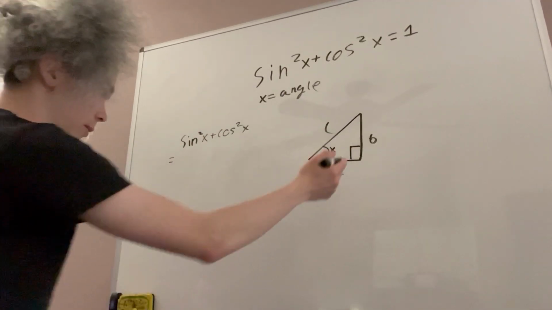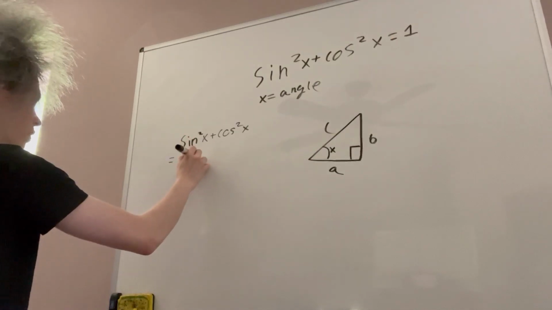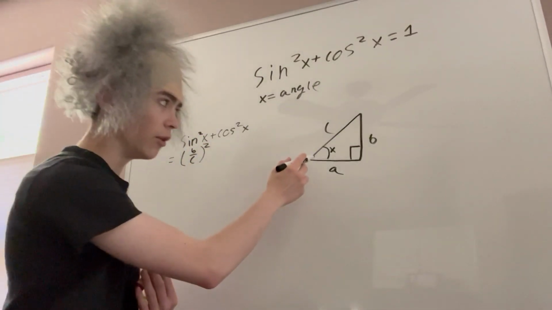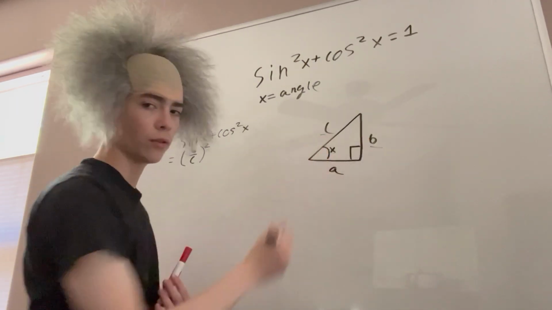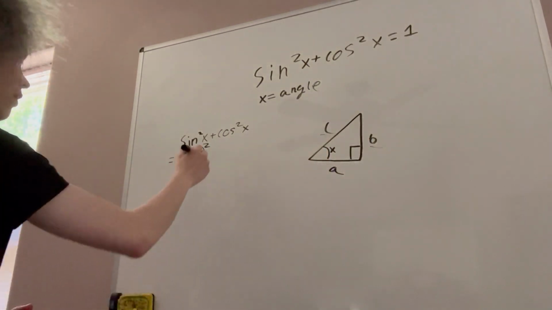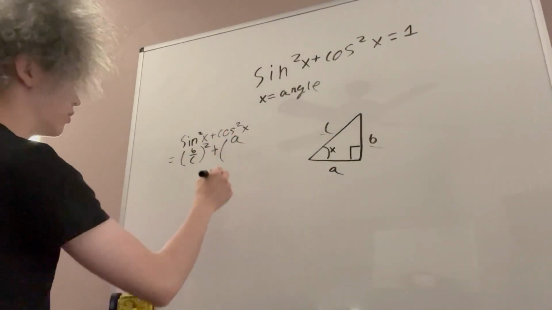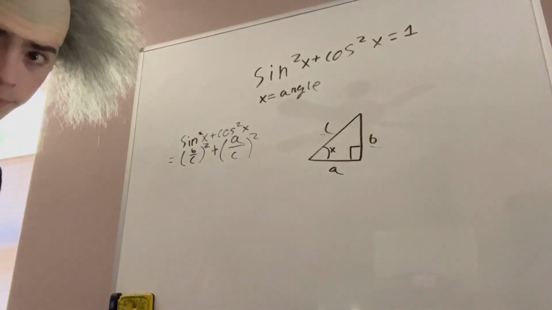The ratio of this angle is going to be the ratio of your sides. So sine squared of x is actually going to be b over c, squared. I just evaluated, given this is angle x, opposite over hypotenuse. Okay, squared that. Plus, and we're going to do the same thing for cosine. It's going to end up being a, our adjacent side, over hypotenuse, and all that squared, right?